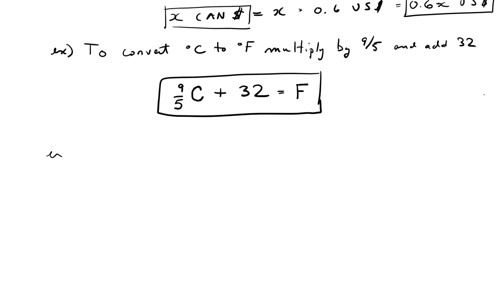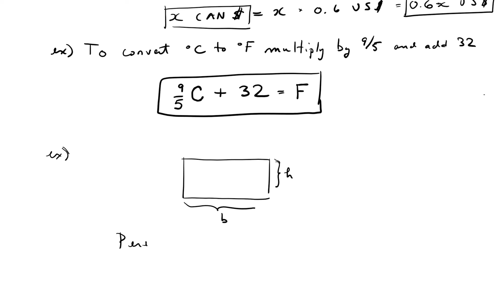What else? There's another example. You've got a rectangle with a base of length b and a height of length h. What's the perimeter? What is the perimeter for that rectangle in terms of b and h?